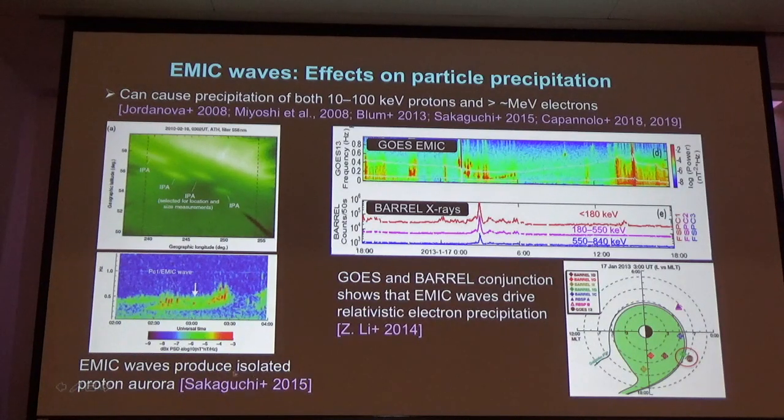And this study shows that EMIC waves are responsible for producing this type of isolated proton aurora. And this is another very nice conjunction analysis between the GOES satellite and BARREL, where GOES detected the EMIC waves and BARREL detected the precipitation of relativistic electrons. And they suggest that the EMIC waves drove the observed relativistic electron precipitation.